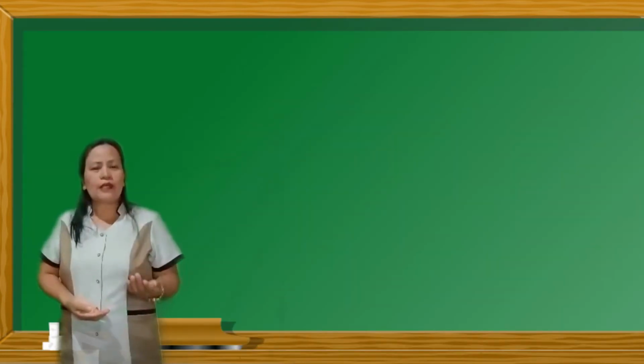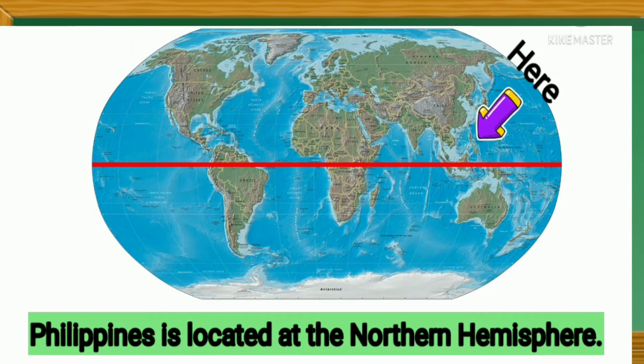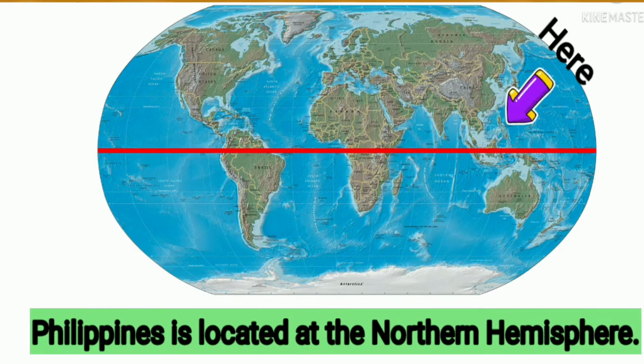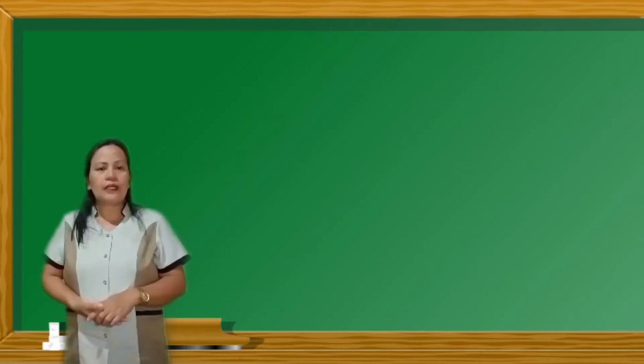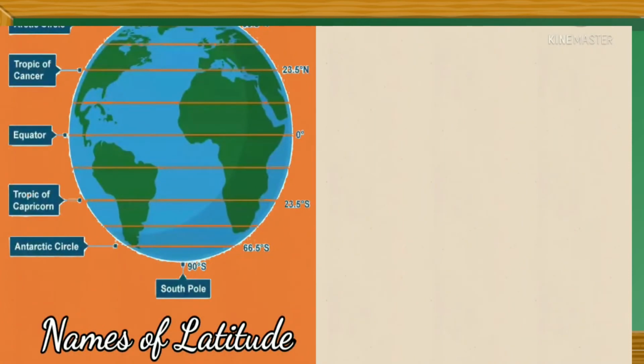Where is the location of the Philippines on the globe? Amazing! The Philippines is located in the northern hemisphere, right above the equator. Lines of latitude have special names. What are they? Great!